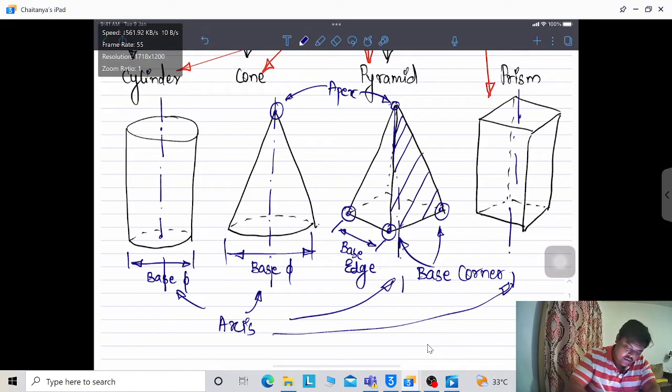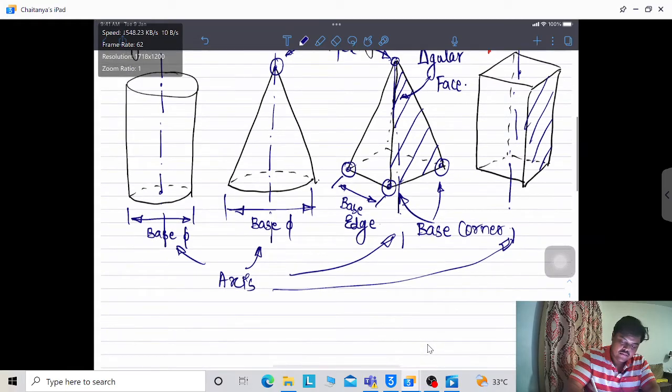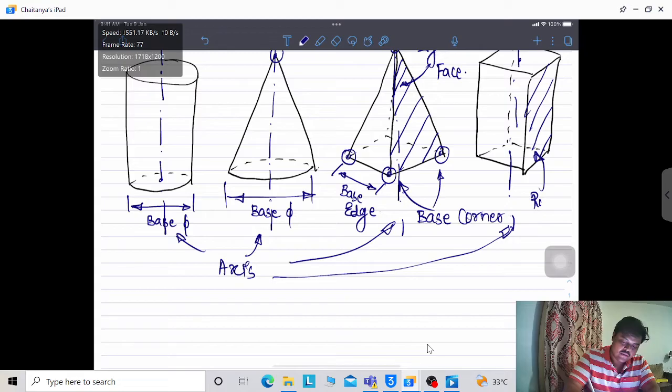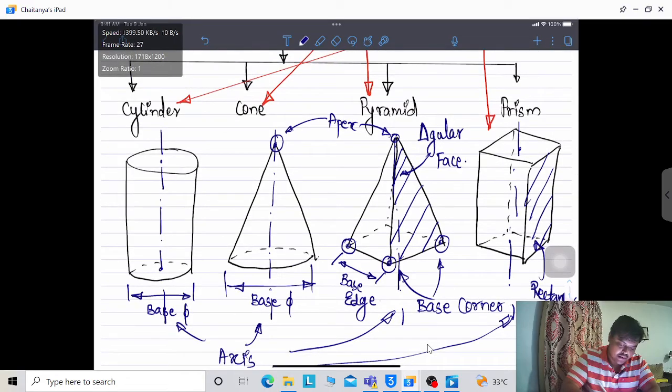This is called a triangular face. This is called a rectangular face. Now, this is the apex, and the line joining the apex and the base corner is called the slant edge.